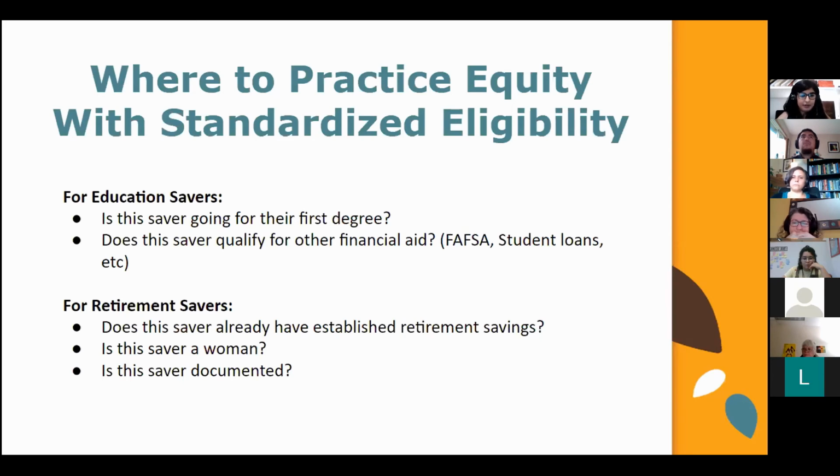The next set of questions are for retirement savers and how we could make this a little bit more equitable too. Number one question was, does the saver already have an established retirement savings? So I do have people who already had retirement accounts. And the question was, should we only aim to serve people who have zero, or who already have some?